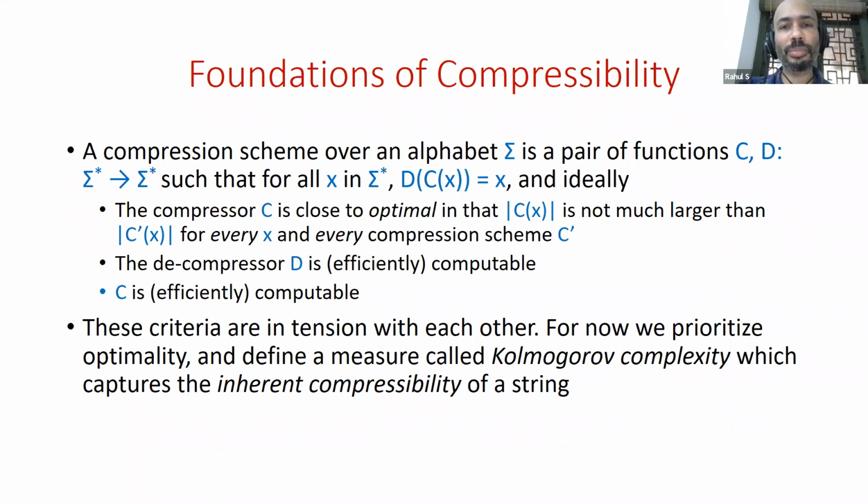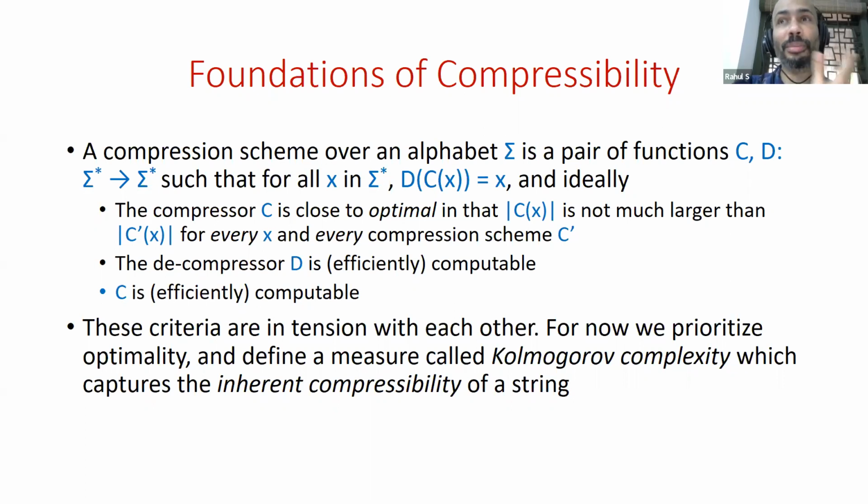That's lossless compression. So you're able to get back the original string for every string that you start off with. So the decompressor is the inverse of the compressor. That's fairly natural. And of course, there are trivial ways of satisfying it. For example, the identity transformation for D and C satisfies this.